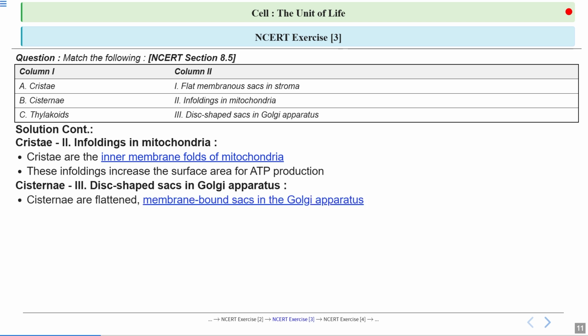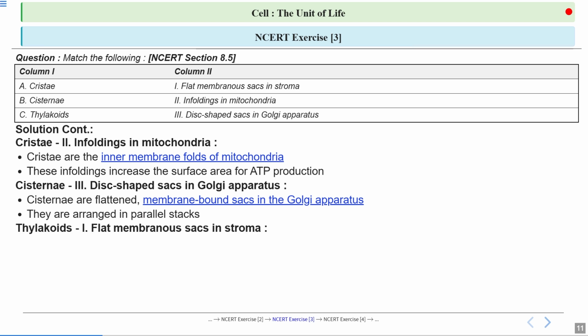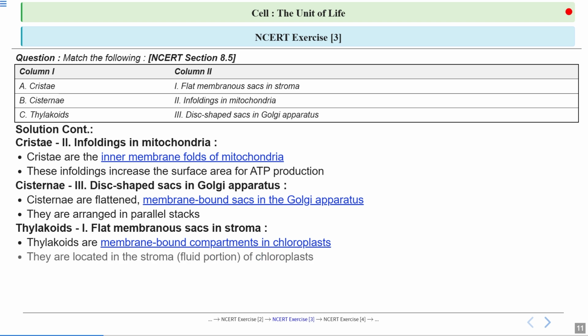So, cisternae are flattened, membrane-bound sacs present in the Golgi apparatus. They are arranged in parallel stacks. Then thylakoids are flat membranous sacs in the stroma. Stroma is the fluid of the chloroplast. In thylakoids, light reaction occurs because thylakoids contain chlorophyll.